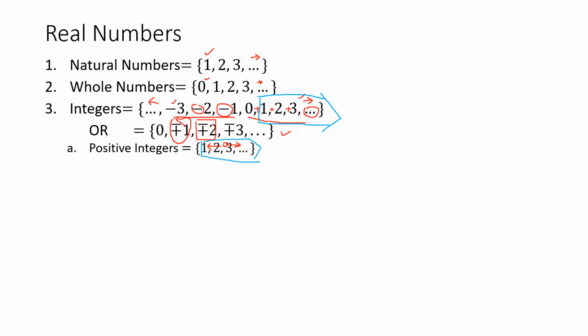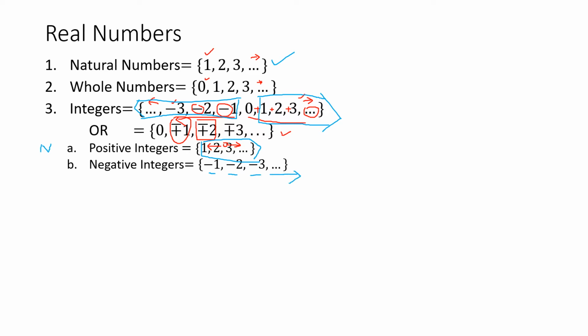They are also actually natural numbers, so this is another name. Negative integers start from -1 and then we move to the left. So you see -1, -2, -3, and it keeps moving.